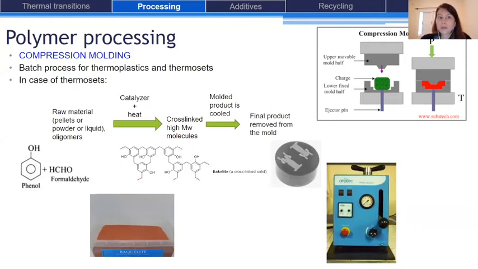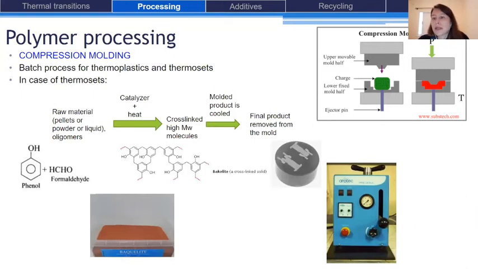Another and simpler technique using a mold is compression molding. So it is also a batch process for thermoplastics and thermosets. On the right part of the screen, you can see a figure representing how this process works. You have two parts of the mold, a lower fixed part, and an upper part that can move.